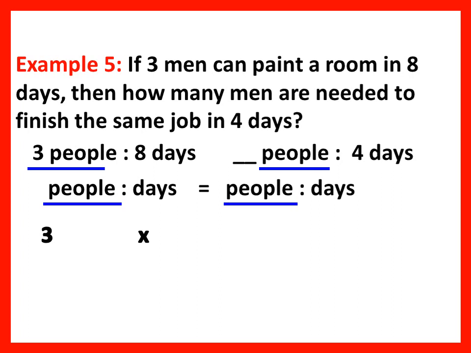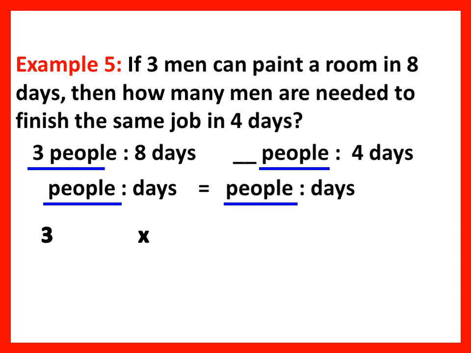Or are you going to lessen the number of people working to finish the same job? Of course you need to add more people to work together so that they can finish the job in 4 days. So from 3, it will become higher than 3.